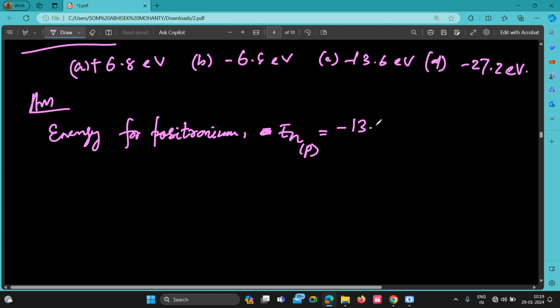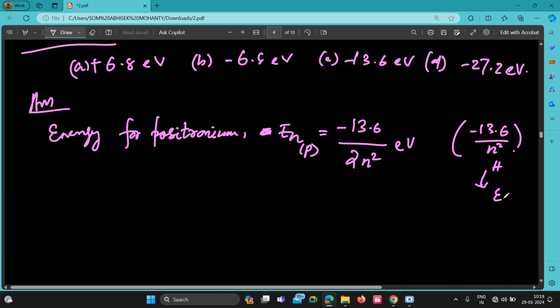Hydrogen is minus 13.6 by n square, so for positronium it will be the energy of hydrogen divided by 2.